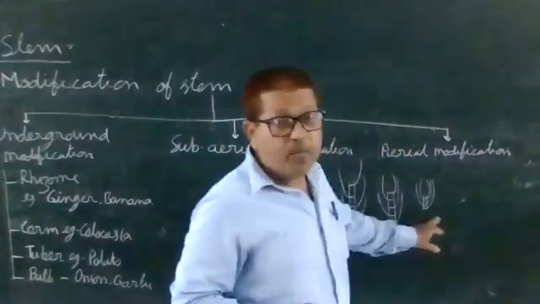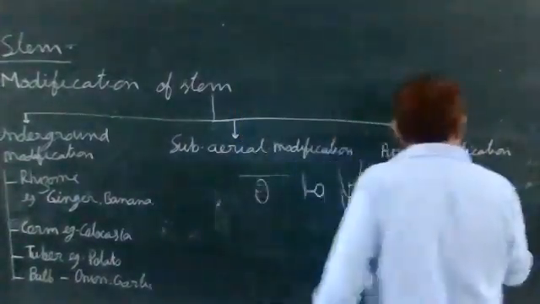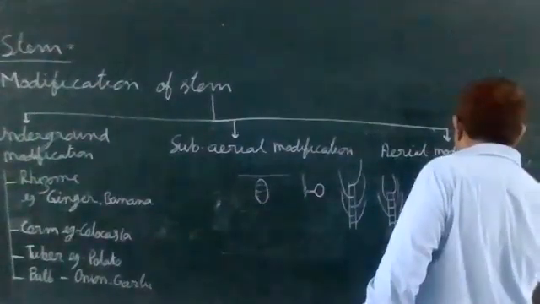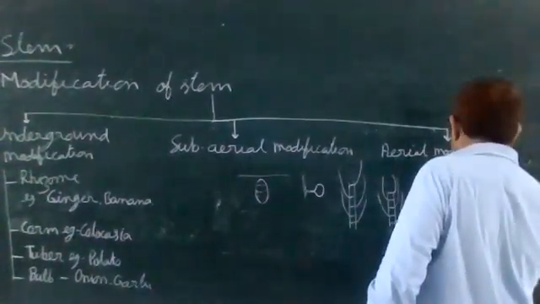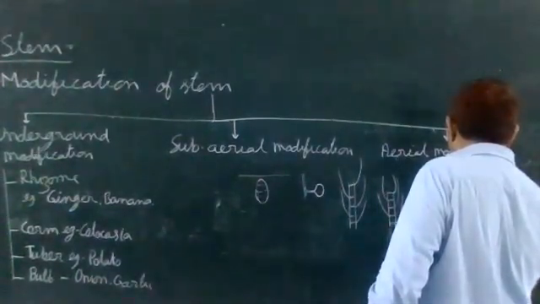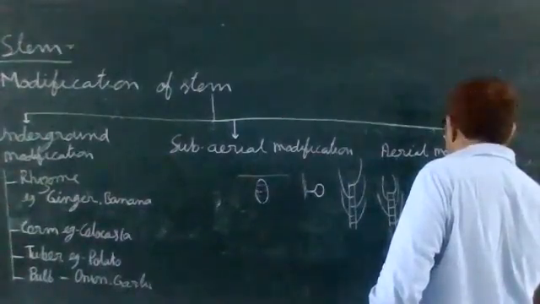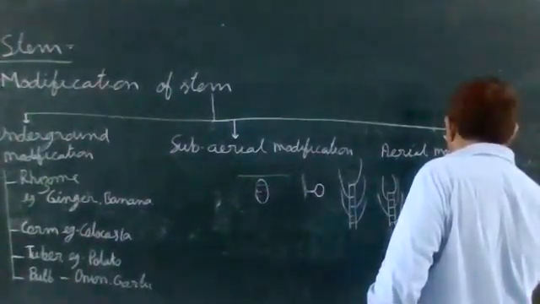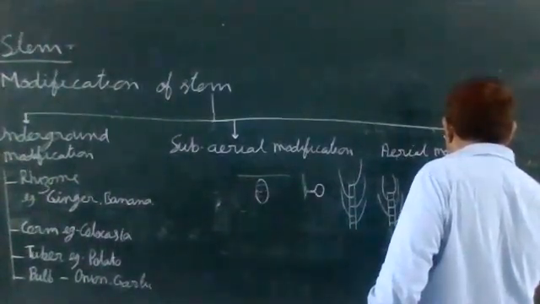Reduced and more reduced. And after reduction, this is 1, 2, 3, 4, and 5. So what is reduction of stem?